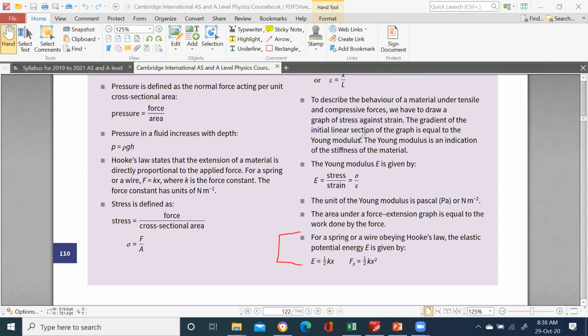The internet has a variety of these. Simply search for topical questions on properties of materials. You'll find them. We should keep reading and revising such that we stay up there. We're looking for that A grade.